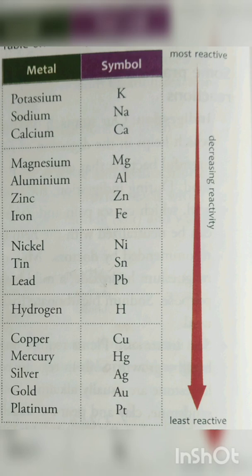Now, it has also been observed that a more reactive metal can replace a less reactive metal from its salt. So, a more reactive metal can displace a less reactive metal from its salt. Let's see this example. Copper plus silver nitrate gives copper nitrate plus silver.